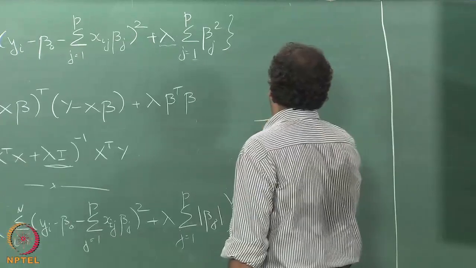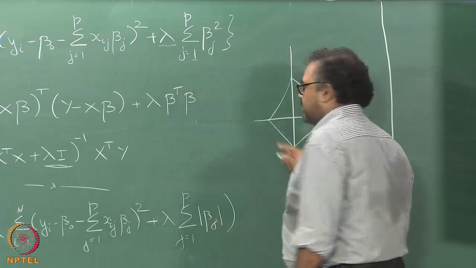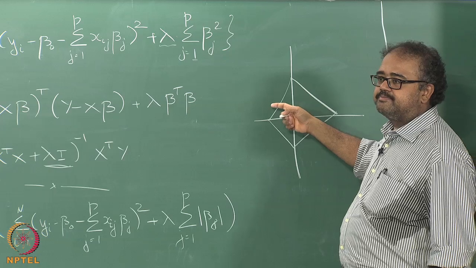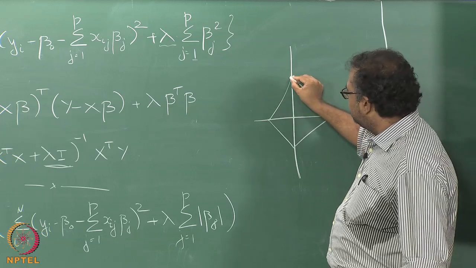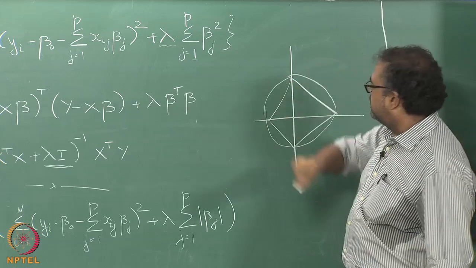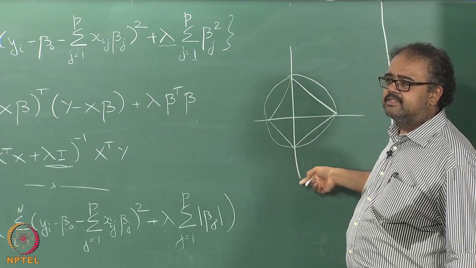So if you think about the lasso constraints, they will be something like this, and you think about Ridge constraints, that is supposed to be a circle. So the Ridge constraint will be something like this.